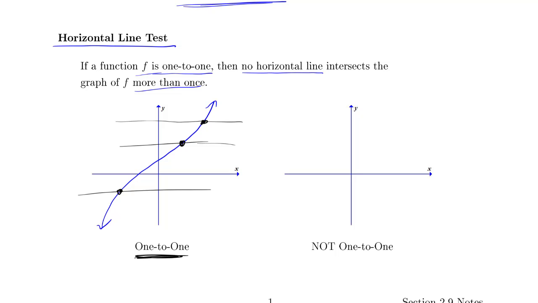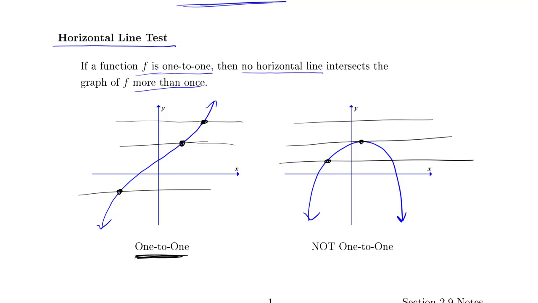Over here, let's take this. It's a perfectly good function according to the vertical line test. Now when we start doing horizontal lines, first I don't intersect it at all. Then there's one place where I intersect it once. So far so good. But then as soon as we get there, we start intersecting twice.